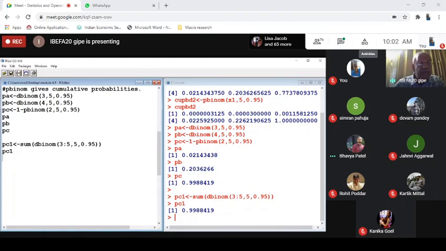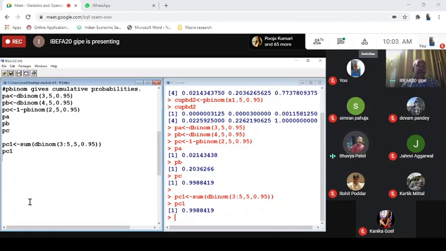Who is asking that? Bhavya Patel. What is the parameter? Which one? PC1. In PC1, you have written D binom 3 to 5. No, the PC1, the second one, the last one. PC1. Yes, sir. That is the alternative probability for PC, another way to find the probability.